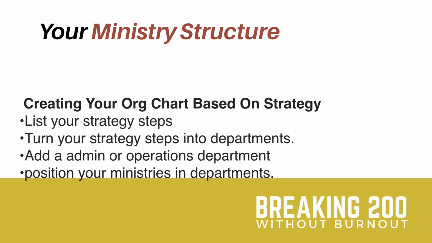In order to do that, there are 4 simple steps. Number 1, we list your strategy steps out. Number 2, we turn your strategy steps into actual departments. Number 3, which you don't have to do, but we typically add what we call an administrative or operations department. The purpose of that department is to handle things like finance, HR, anything that supports the ministry side of things.